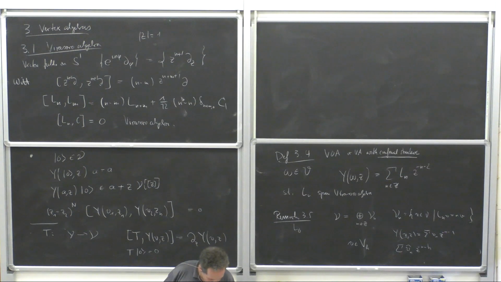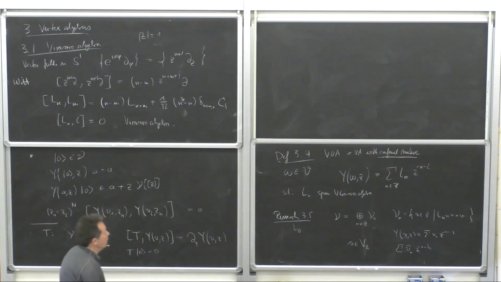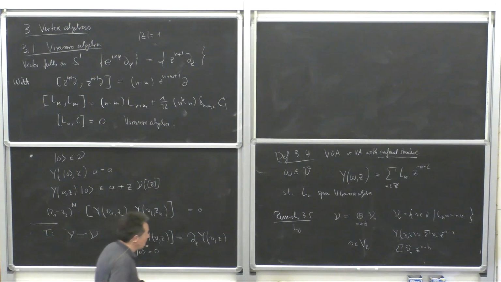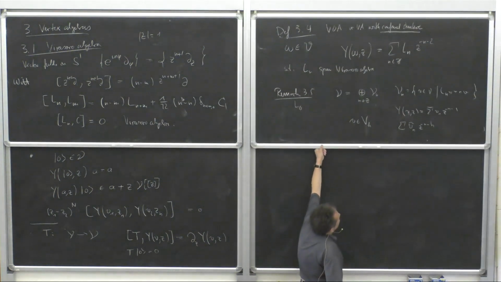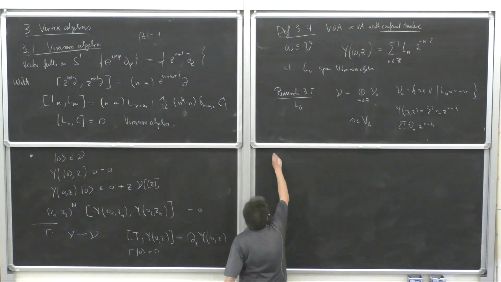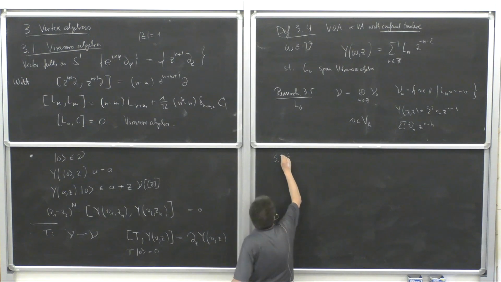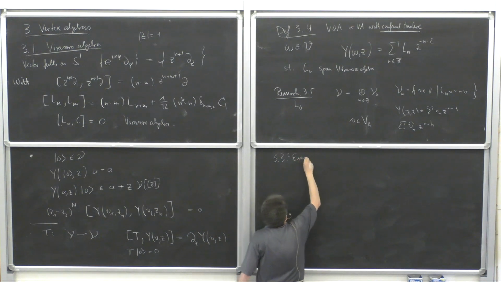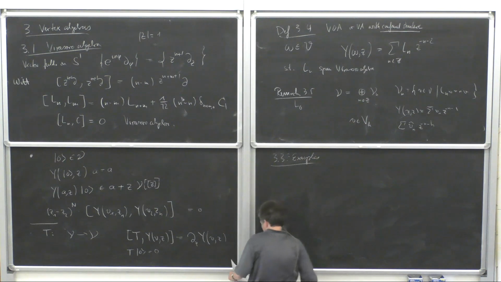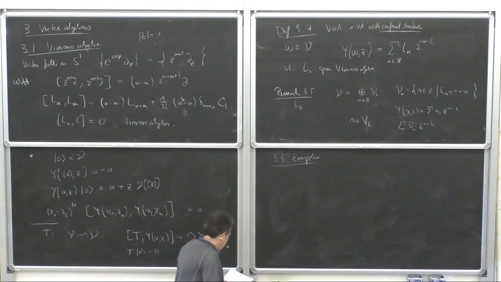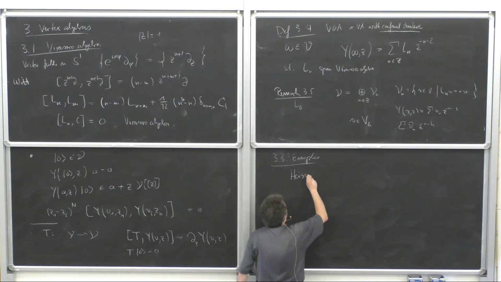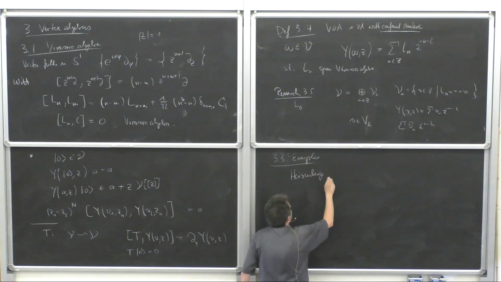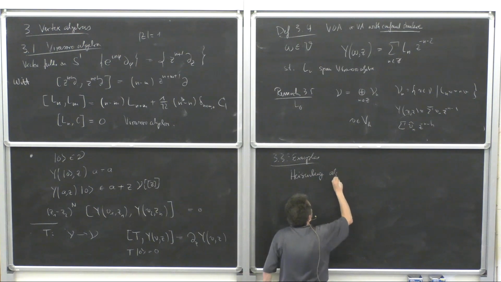Now I want to give you briefly some examples, and let me explain. In fact, one of the main sources is infinite Lie algebras. So let's start with something all of you know in one way or the other, the Heisenberg algebra.